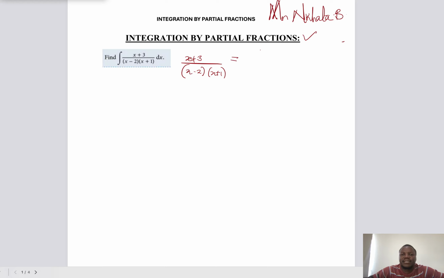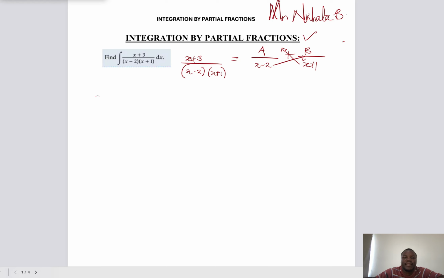And by partial fractions, we said when the denominators are not repeating, this is the rule: you break it down like that, A over the first denominator, B over the second denominator or expression. So this is the rule of partial fractions. And we just need to cross multiply and equate the top that we are going to get with the numerator.